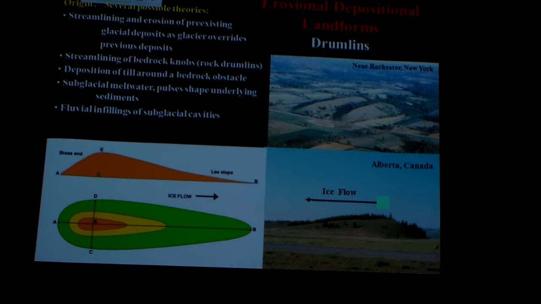Okay, y'all remember roches moutonnées, right? They were erosional forms, weren't they? The ice ground its way up the high, and then as it got to the high, the compression stopped, so the melting stopped.